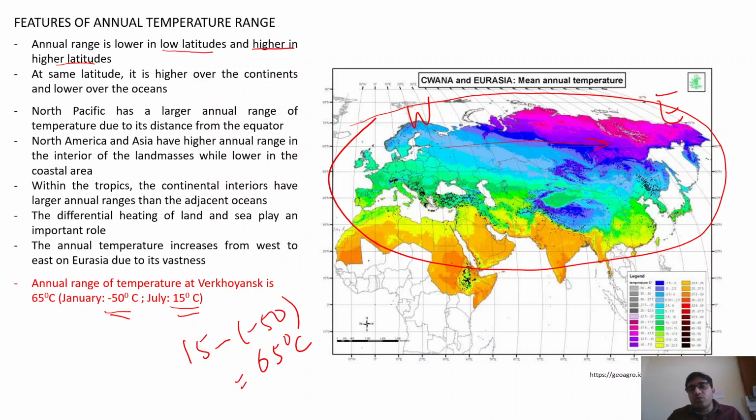So I hope you understand these features of annual temperature range, and annual temperature range is very, very significant because it has a large environmental impact. If the annual range of temperature is very high, it will have a different stress on the biological activities in that region. If it is low, there will not be much variation in the biological activity.